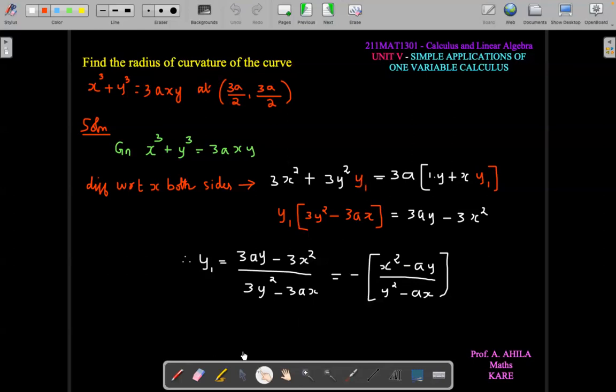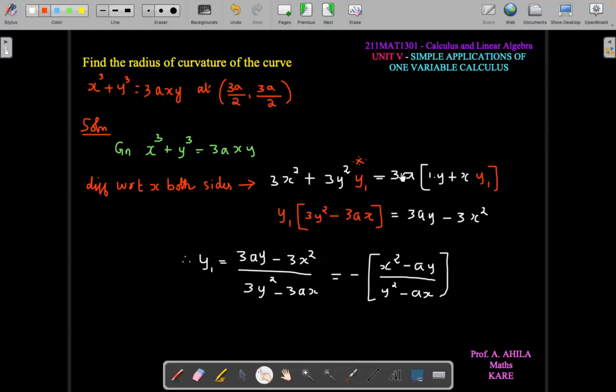So remember, at this point it is important. You should remember to put this y1. Okay, we are applying chain rule. So again I say x cube means we are differentiating with respect to x, so x cube means differentiation is 3x square. Y cube means 3y square into y1.